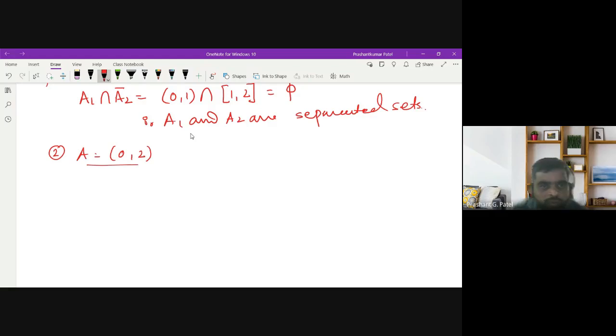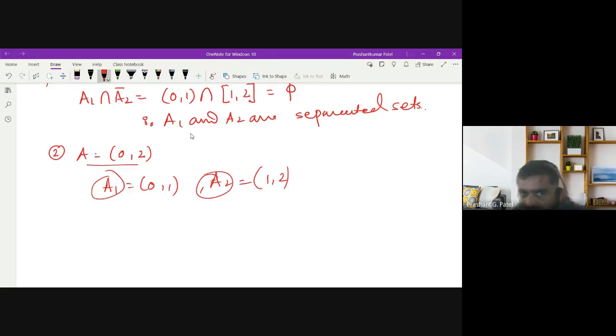It does not mean that if I define two sets, for example, and they are not a separation, that any other subsets will not have a separation. So I have to look at all possible pairs of subsets.